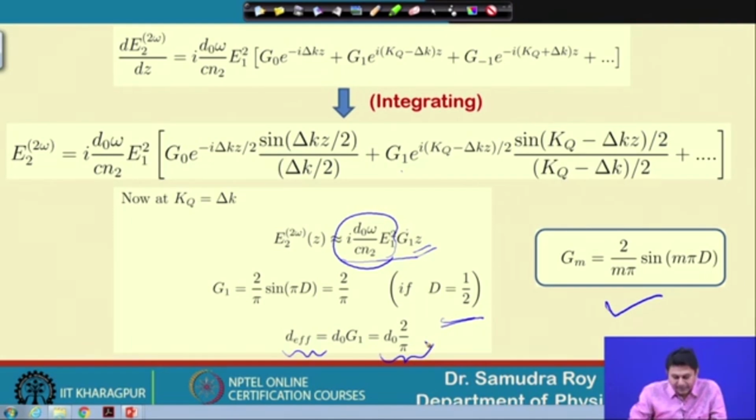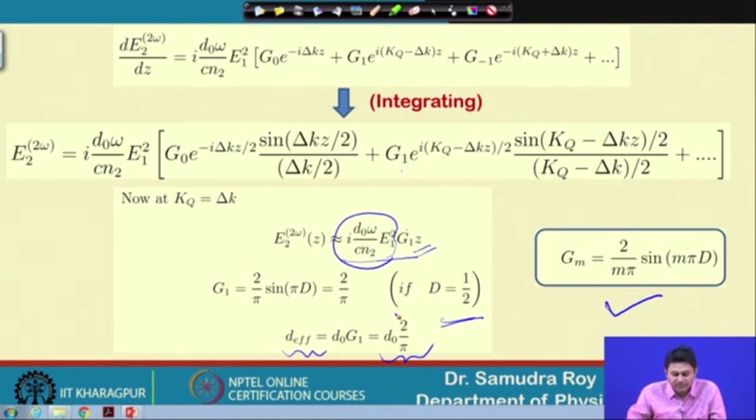So, we can see that the first contribution, which is containing the g 1 term, in this case this d effective is less than d 0 by a factor, because d effective is d 0 multiplied by 2 by pi and pi is 3.14. So, that means we have a quantity less than 1 multiplied to d 0.